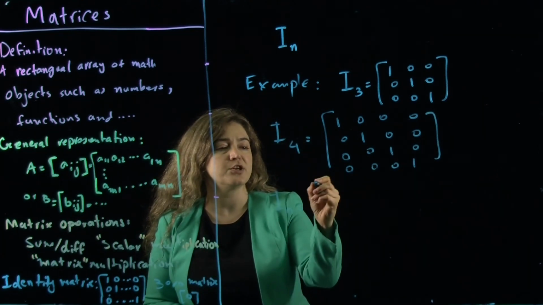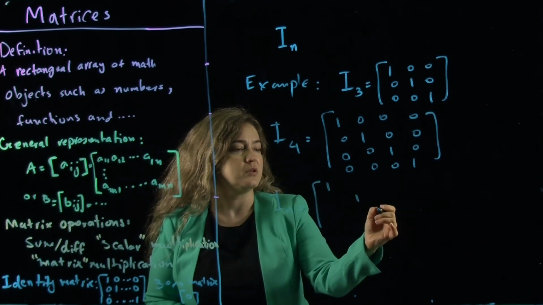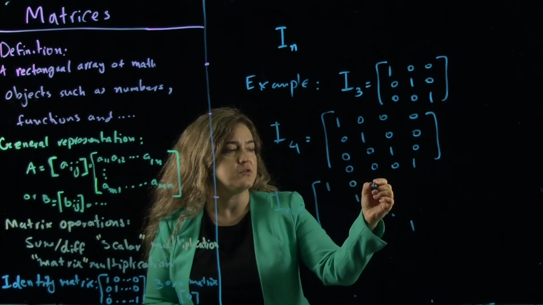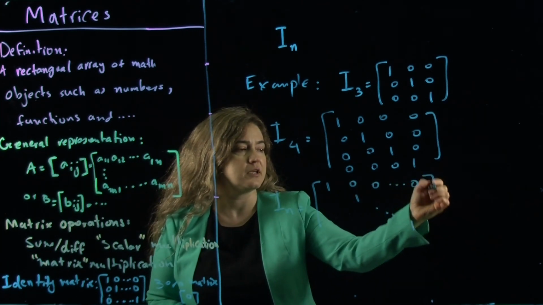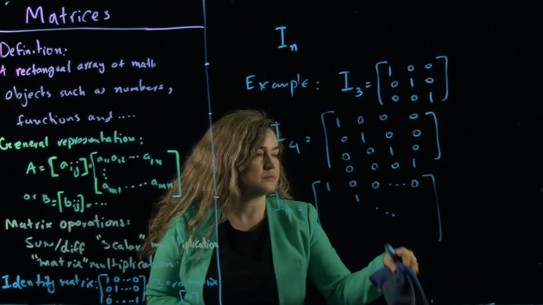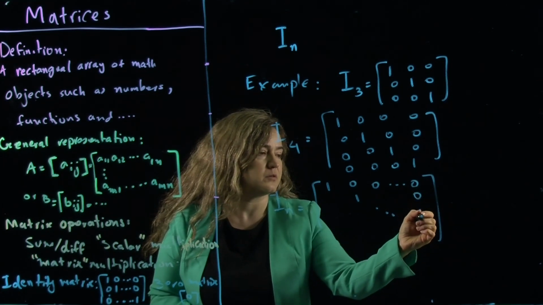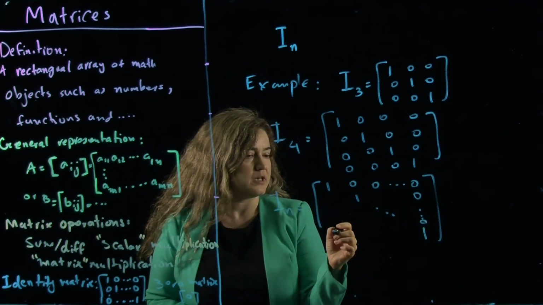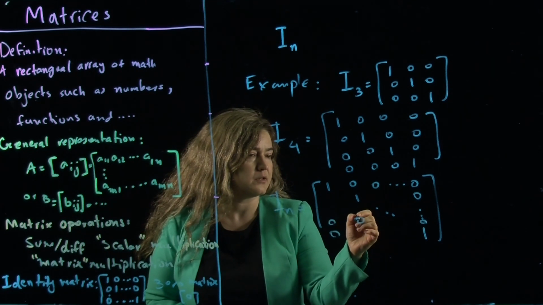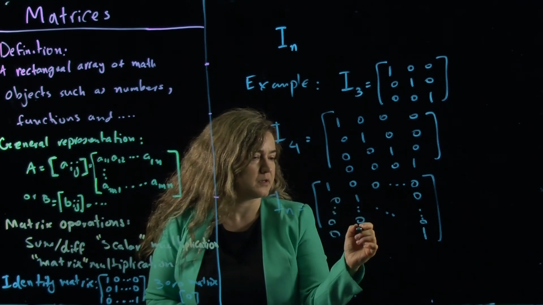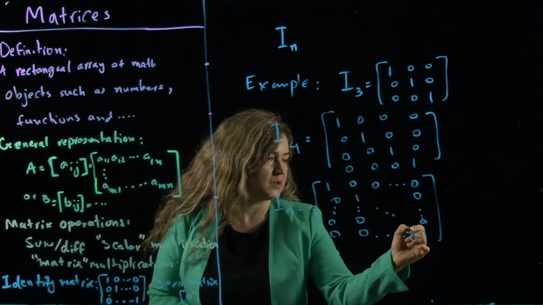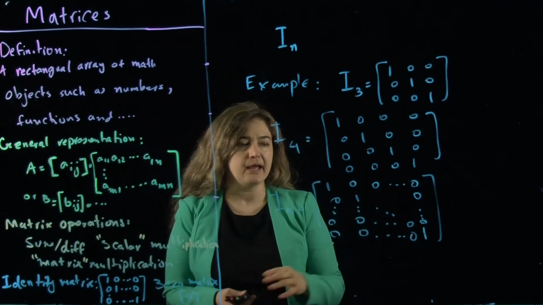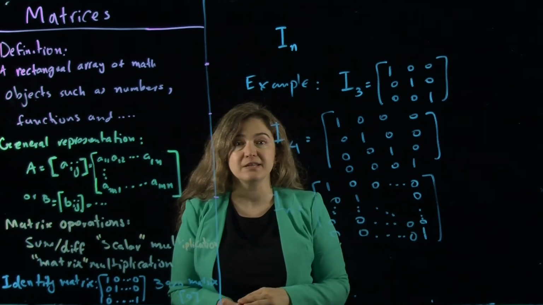If I want to write the general format, I have to write 1, 1, a few dots, and then 1 at the end, with 0 everywhere else, so that the main diagonal is ones and everywhere else is 0.